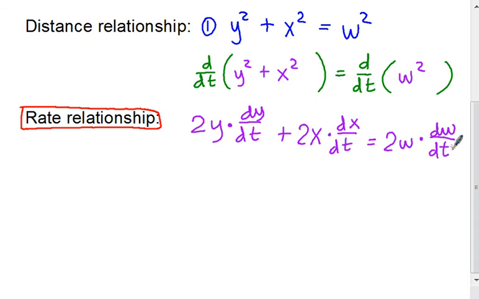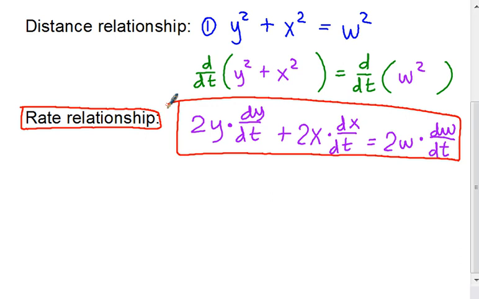Okay, so by using the chain rule, we're able to get this equation here, which, let me just point out, whereas this equation helps you to figure out what w is if you know x and y, this equation could help you, for example, to figure out what dw/dt is if you know dx/dt and dy/dt.